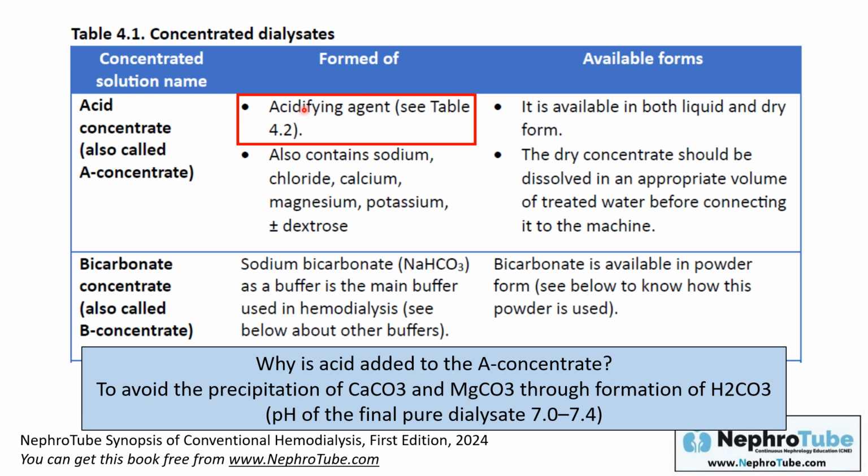So the addition of acidifying agent will cause the formation of carbonic acid after mixing of the two solutions, and this carbonic acid will maintain the final pure dialysate pH between 7 and 7.4, and this will prevent the formation of these precipitations and keeps the solution dissolved.